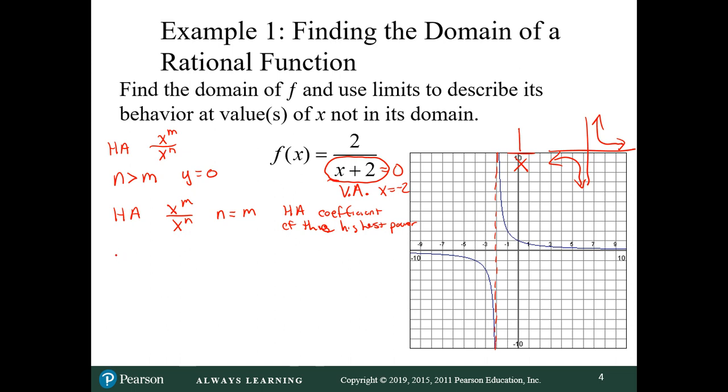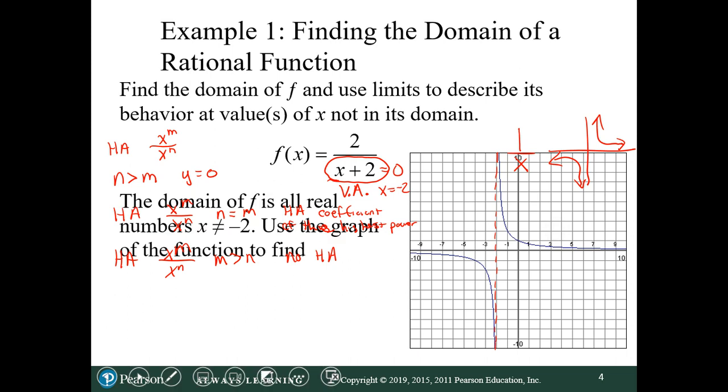And then for the horizontal asymptote, x to the m over x to the n, if m is bigger than n, then there's no horizontal asymptote. Okay, no horizontal asymptote. So now, all right, vertical asymptote, x cannot equal -2.